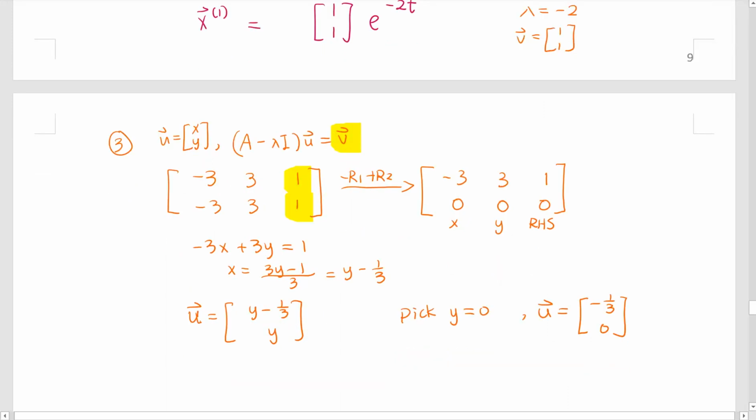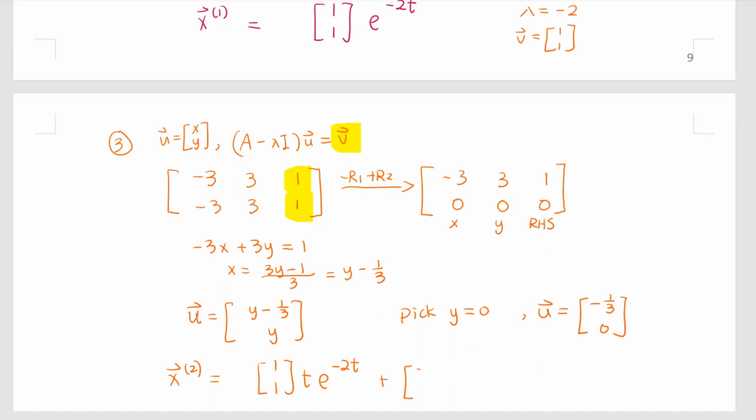So our second solution is v t e^(λt). V is (1, 1), t e^(λt) is -2t, plus u is (-1/3, 0). And we get e^(-2t) as well.